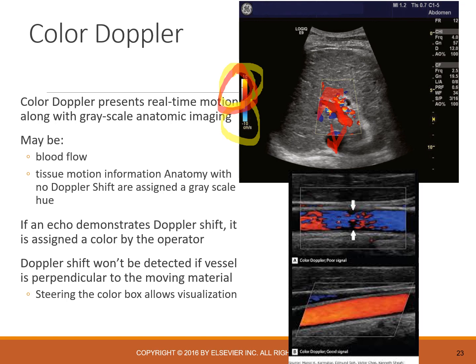If an echo demonstrates a Doppler shift, it is assigned a color by the operator. So in this case, let's say I don't really like this vessel being shown as red because I feel like it's a venous vessel. I have the ability to do something called invert, where if you press the invert button on your equipment, it will flip red to bottom, blue to top.